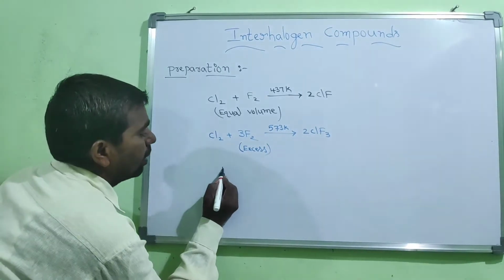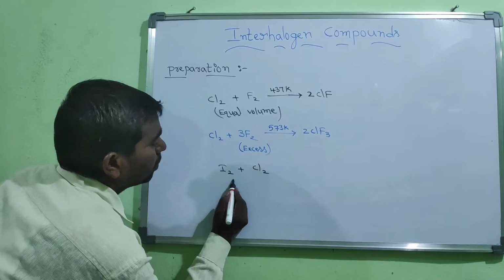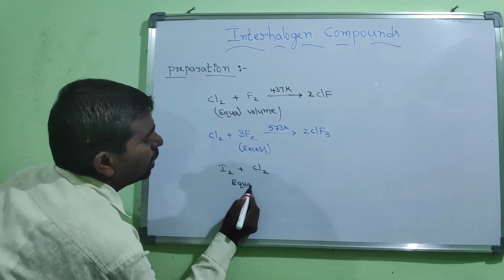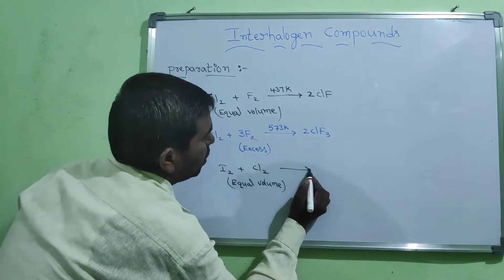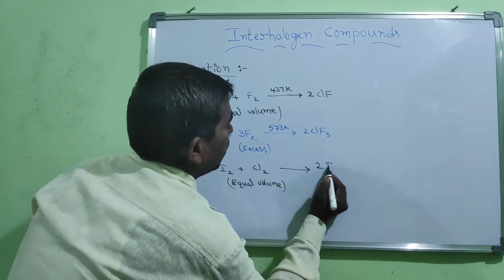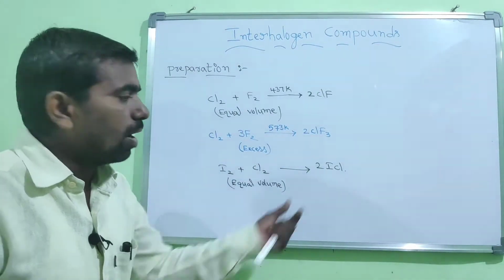And another example: I2 plus Cl2. Here I am taking equal volume again. They react with each other, so formation of ICl takes place. That is about the formation of iodine chloride.